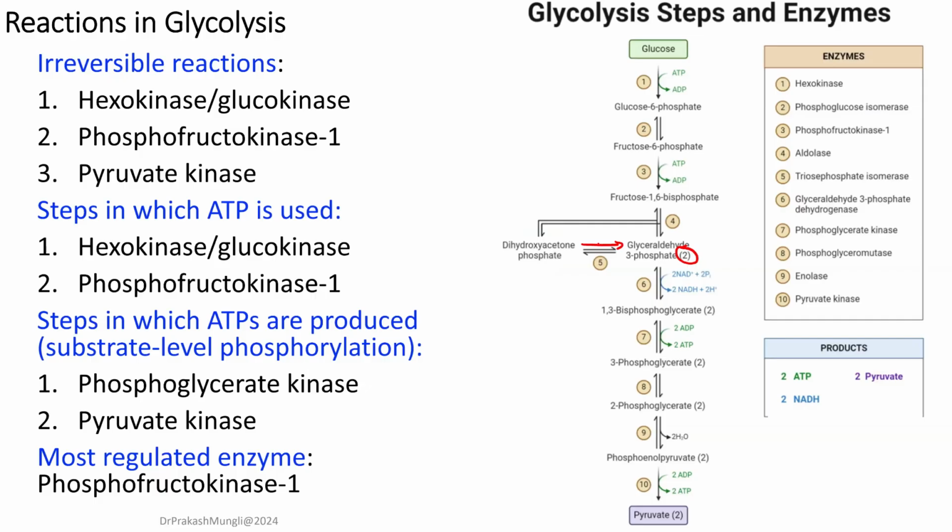Another molecule of glyceraldehyde 3-phosphate comes from conversion of dihydroxyacetone phosphate into glyceraldehyde 3-phosphate. So technically from one molecule of fructose 1,6-bisphosphate, you got 2 molecules of glyceraldehyde 3-phosphate. Remember this. And from now on, all the rest of the molecules, they have written it as 2, 2, 2, 2.